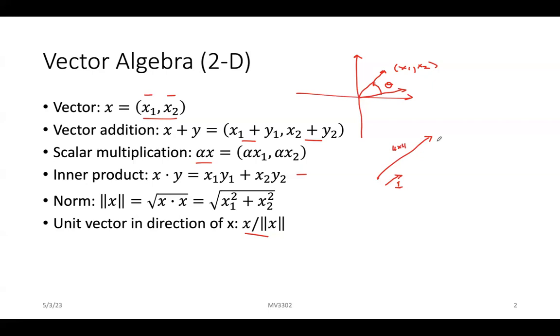And the way to do that is to take the norm and then divide the vector by its norm. We haven't defined divide, but it's the same as 1 over the norm times, in this case, x1 and x2.